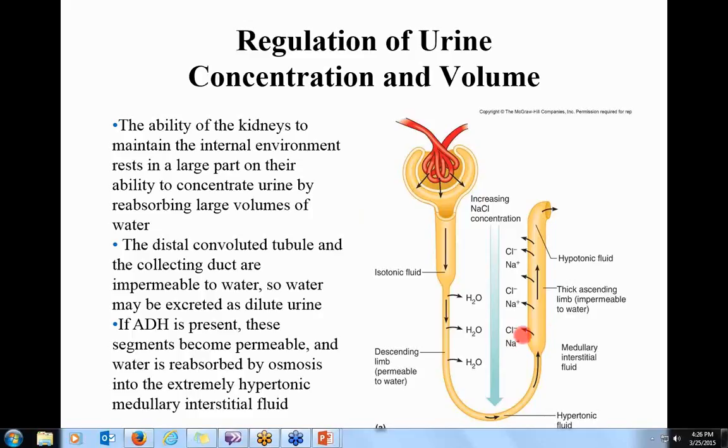So the more sodium and chloride are transported out, the more sodium and chloride are in the fluid around, particularly the descending limb. So the more sodium and chloride there, the more water will be passively transported out via osmosis.